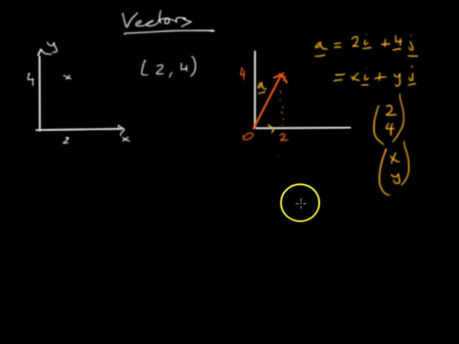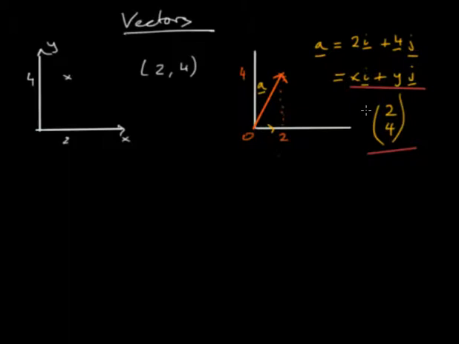You can have them in 3D also, where you have x, y, and z, and here you would have xi plus yj plus zk. Right, i, j, k, that makes sense. This is just alphabet, and x, y, z, also from the alphabet. So those are the two types of notations that you can get for vectors. One of them we call the standard form, like this one, and the other one is the column vector form.